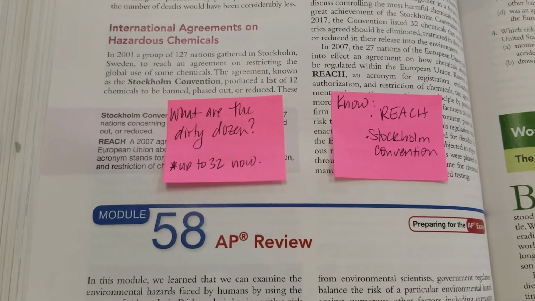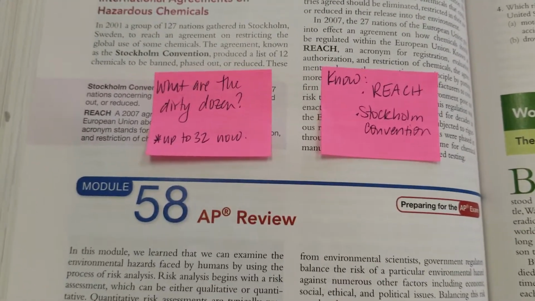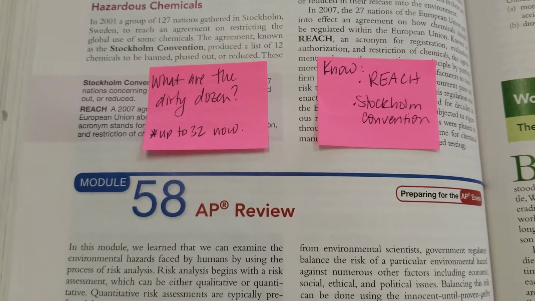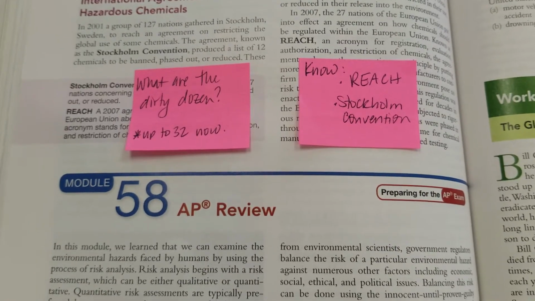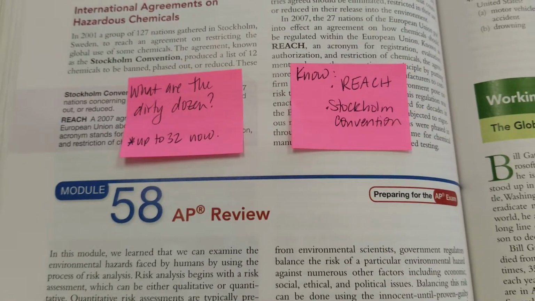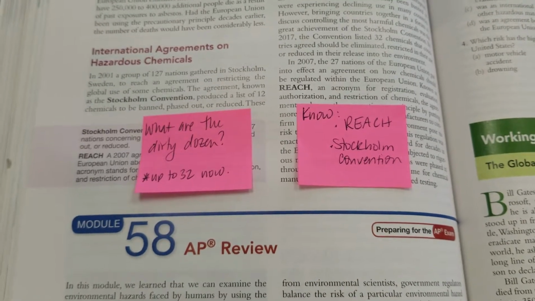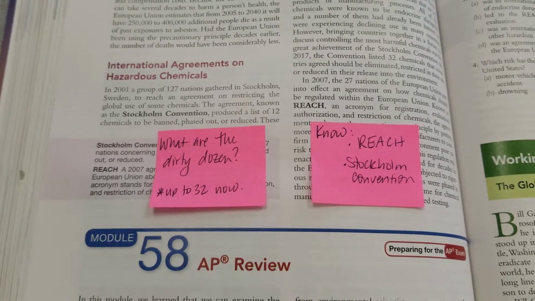And then know what REACH is. REACH stands for registration, evaluation, authorization, and restriction of chemicals. Basically, it's a precautionary principle putting more responsibility on chemical manufacturers to confirm that the chemicals they're using are safe. They're not going to hurt anybody out in the environment or be toxic.